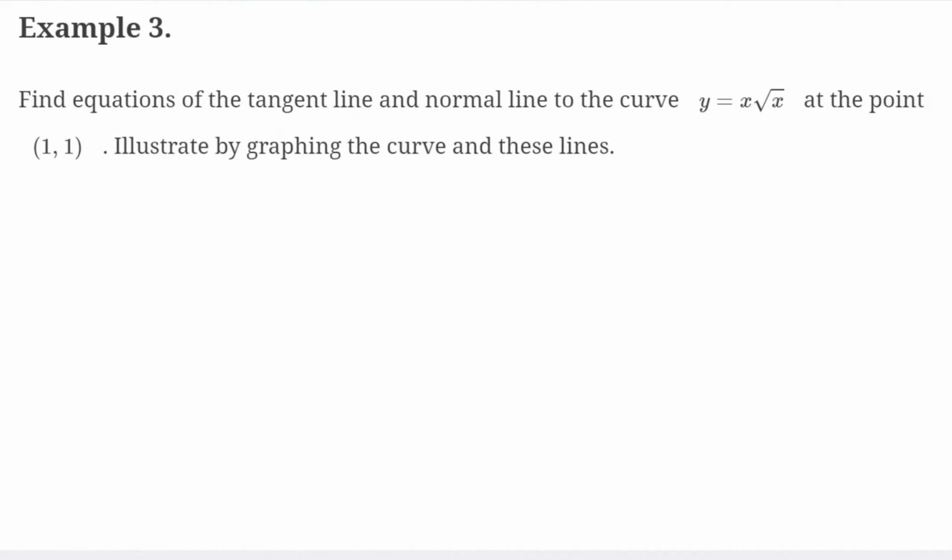Let's do one more. This one we're actually going to find the tangent line to it at a point. So we have our equation. We have y equals x times the square root of x. So how am I going to rewrite this?